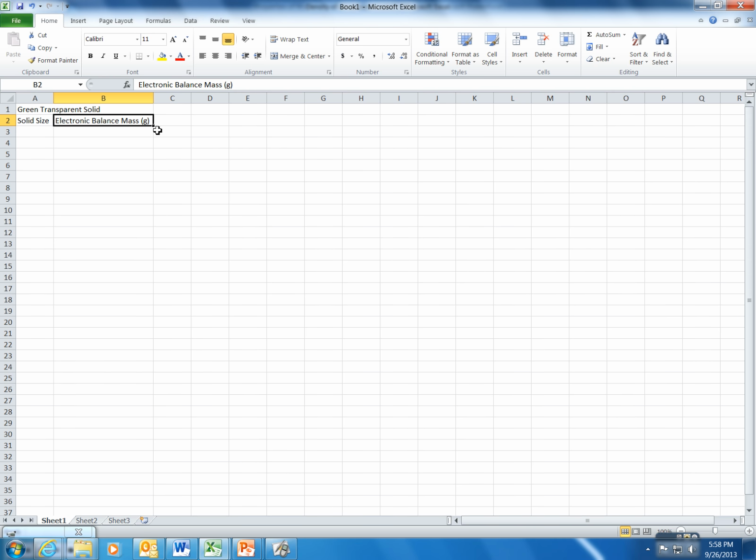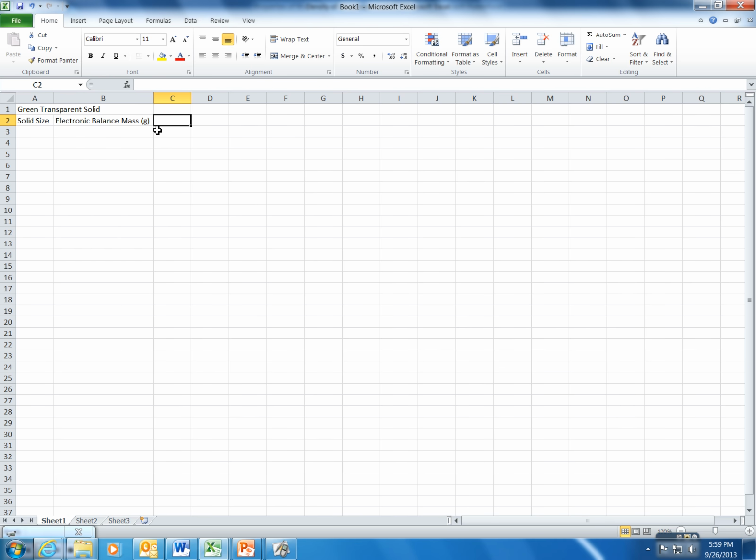If you put letters or units attached to a number, say if I had 1.3 and I put grams here, I would no longer be able to use that cell or those numbers in any calculations that Excel can automatically do for me. So to bypass that issue, we put the units up at the top of the column, saying that all the numbers in this column below this title are measured in grams, so that then we can just put simple numbers in there and we know that those would be grams.